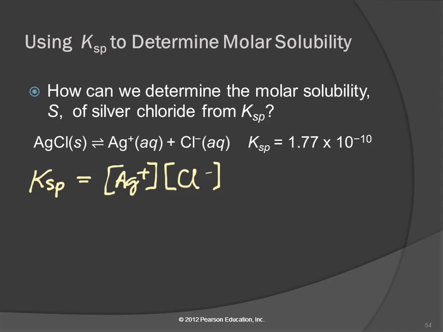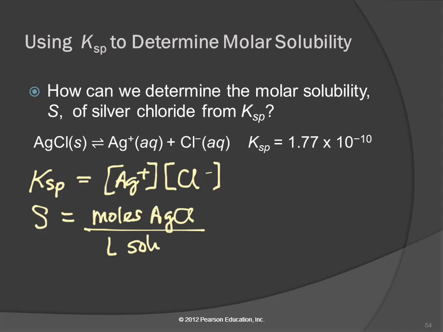And what do we know about the relationship between silver and chloride ion? Their concentrations are equal, right? So the solubility, S, equals the moles of silver chloride that dissolve per liter of solution.